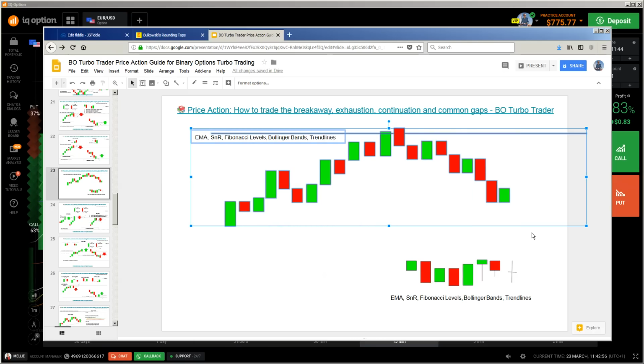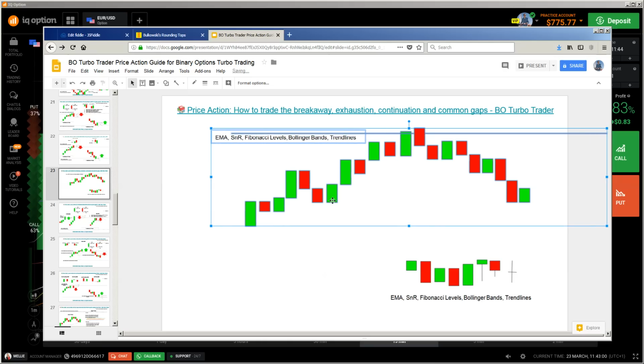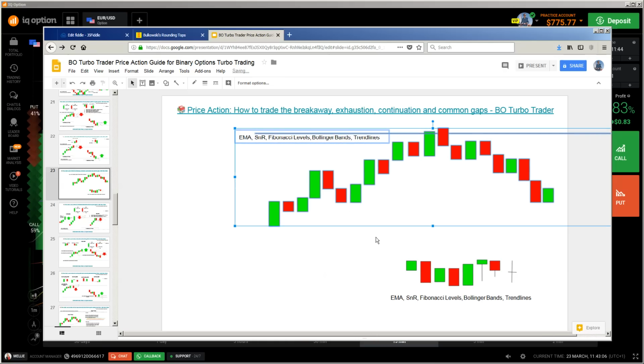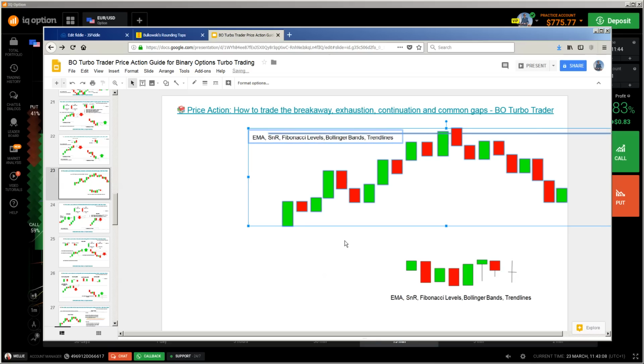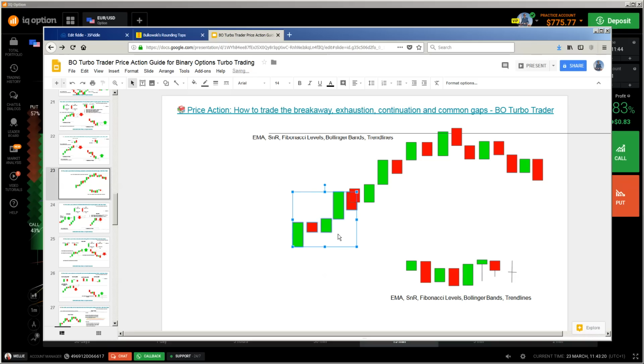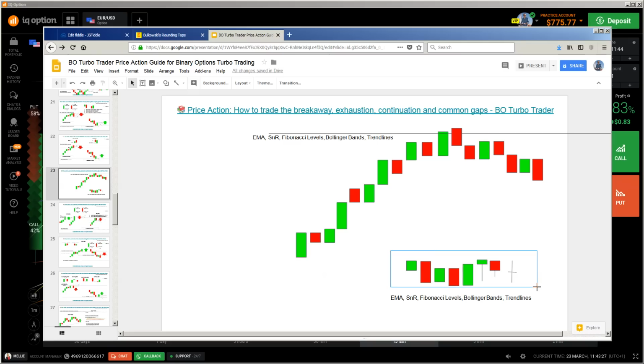Okay, I have to do this in some other way, because I'm only interested in this part here. So I will remove this one. And then we get this one here.